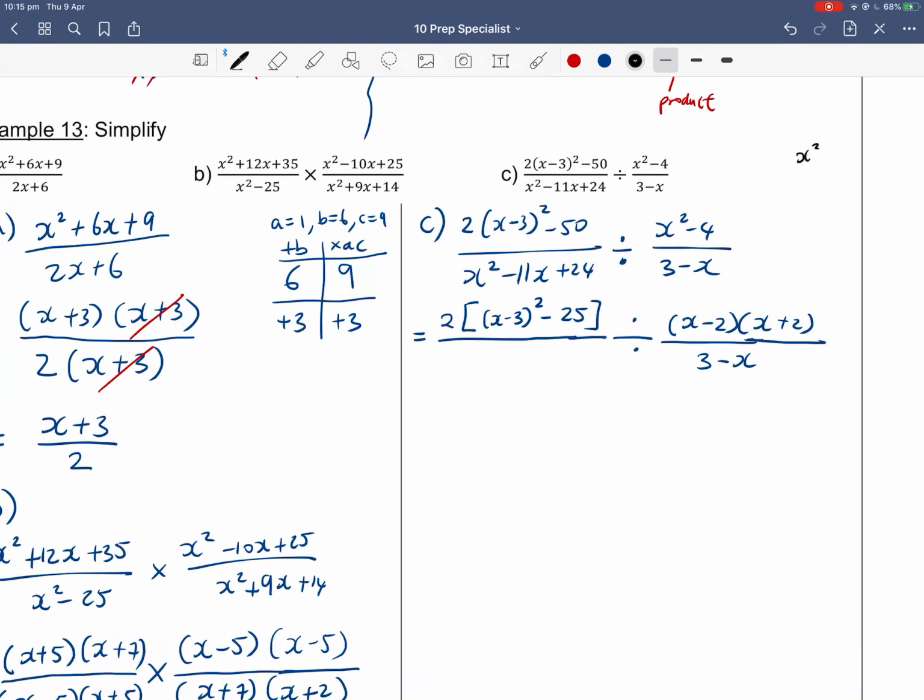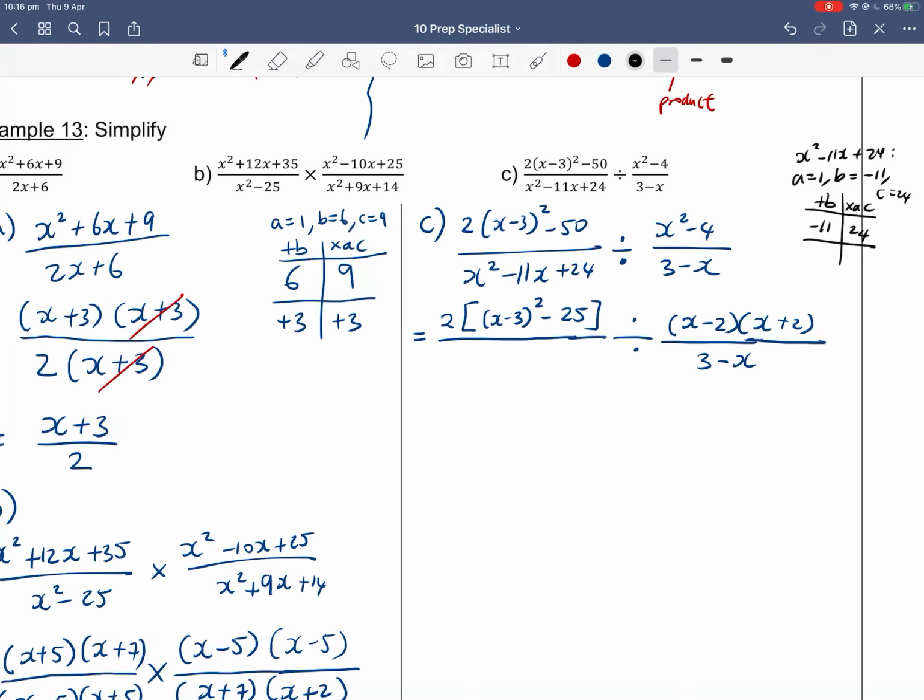So on the side, let's do a x squared minus 11x plus 24 side calc, so a is 1, b is negative 11, c is 24. If I do a plus b times ac table, 2 numbers that add to be 11 and multiply to be 24. 4 and 6 multiply to 24, but 4 and 6 do not add up to be 11. 3 times 8 is 24.